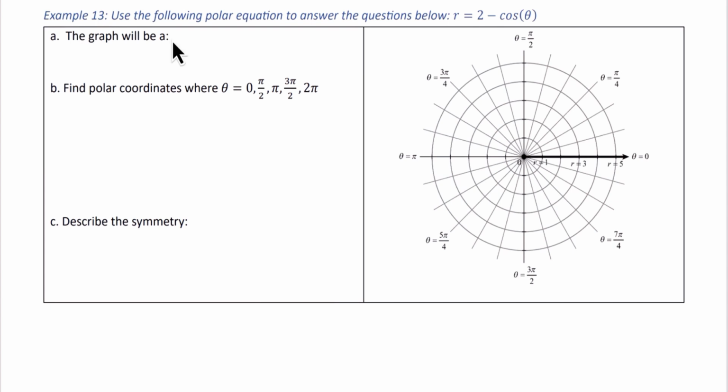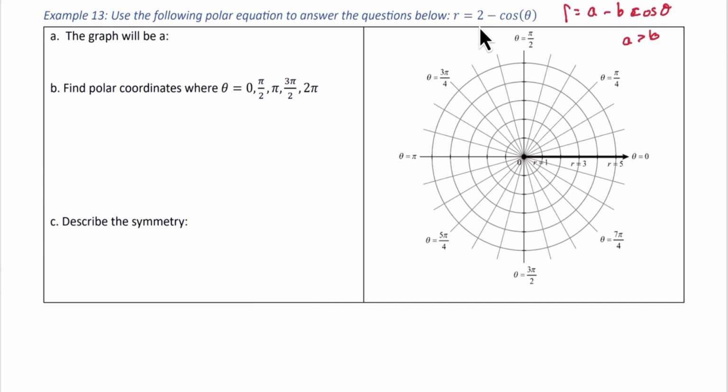In this example, we have r equals 2 minus cosine theta. If we think about the generic equation, that would be r equals a minus b cosine theta. Notice a and b are different in this case, so it's not going to be a cardioid. And in this case, b is less than a, or a is greater than b.